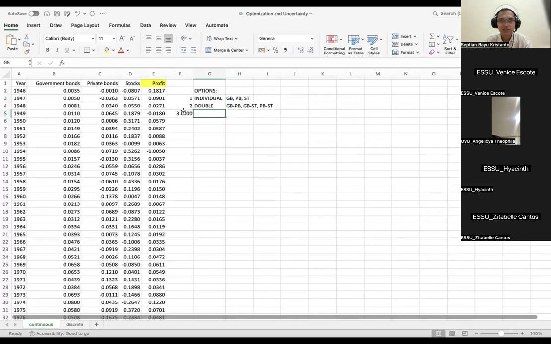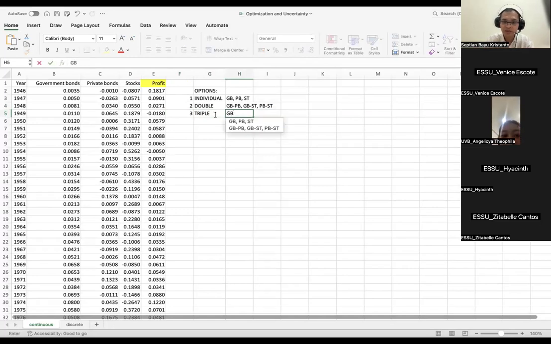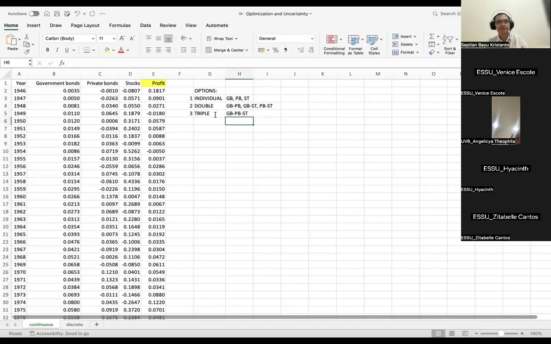And the last one is the triple investment. In this case, we combine government bonds, private bonds, and stock. So for this exercise, we can make seven models of uncertain conditions.